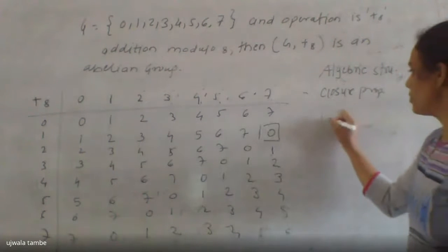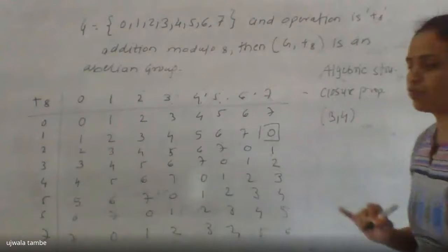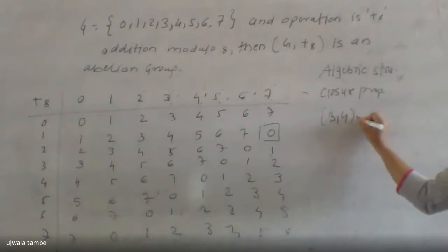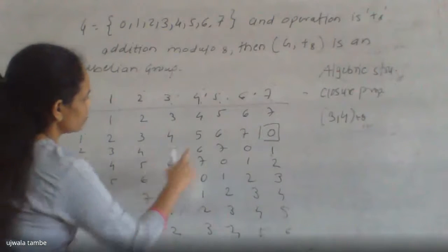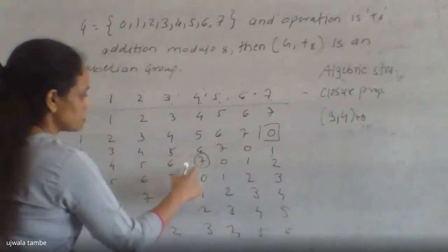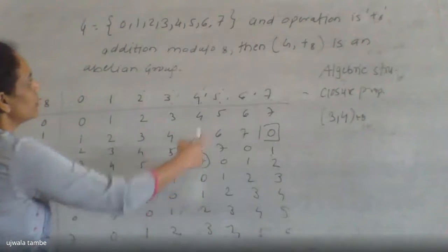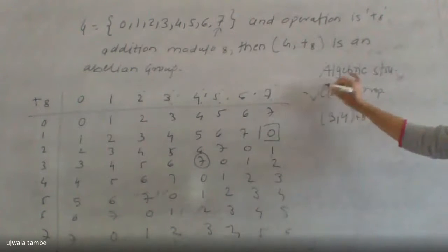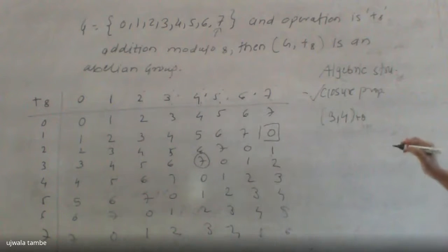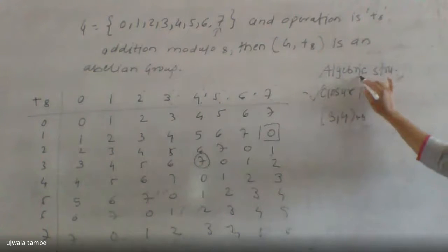Now, if I pick any two numbers from the table, suppose my first number is 3 and second number is 4, and I check the mod 8 operation on the given numbers. This is my 3 and this is my 4. It gives me the answer 7, and 7 should be available in our set. Yes, 7 is available. And this happens for all the numbers. So it satisfies the closure property. That's why the given structure is an algebraic structure.